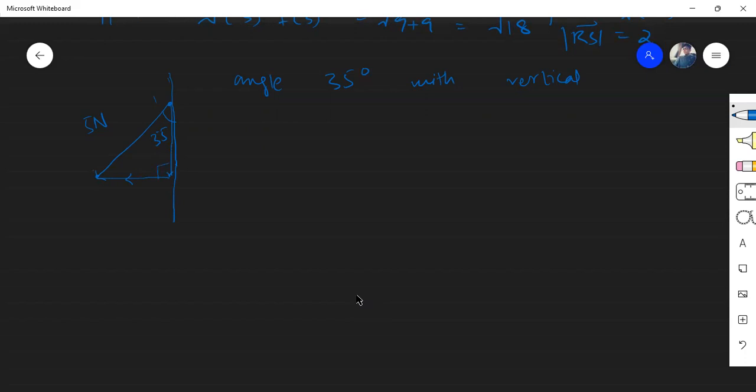This angle is 35, which means this side is 5 sine 35, and this is 5 cos 35. So if this is force F1, then F1 in a column matrix is written as -5 sine 35 and -5 cos 35. Is it clear?